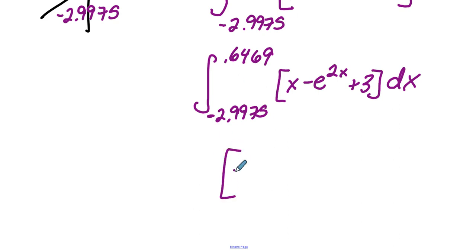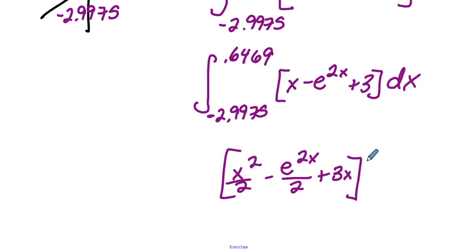So if I integrate that, I get x squared over 2 minus e to the 2x, integrating that and dividing by 2, plus 3x, technically plus c, but since I'm integrating a definite integral, I'd plug this in, start with the top one, put this in for my x values, put this in for my x values, and subtract those two values.